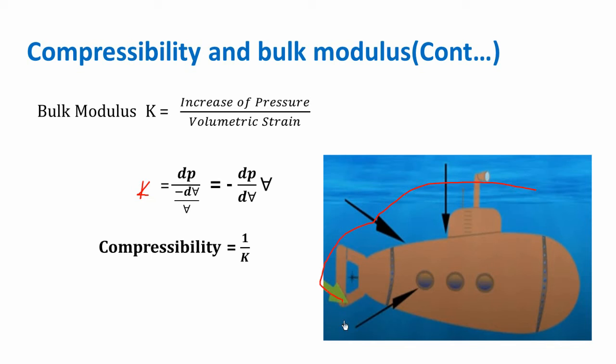This is the body where the compressive stresses are acting in all three directions. If the bulk modulus is more, the compressibility will be less. Okay, so this is how we'll understand with this image.